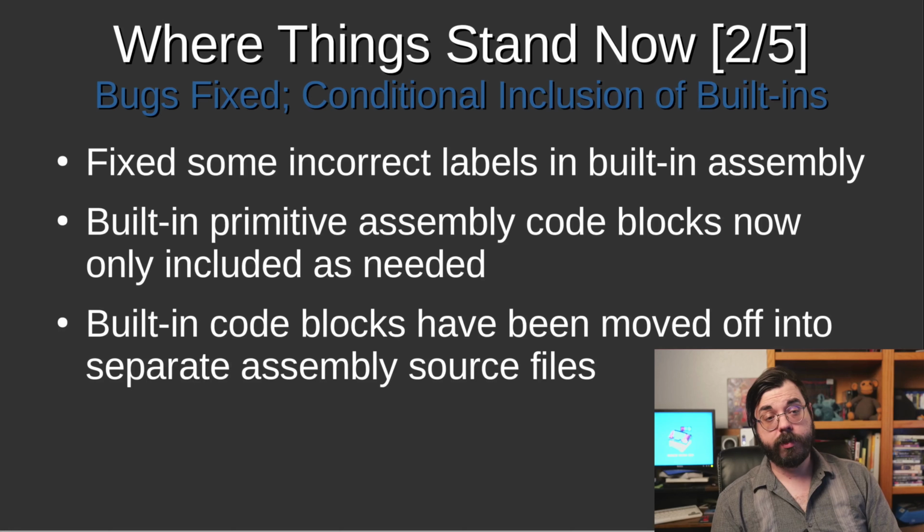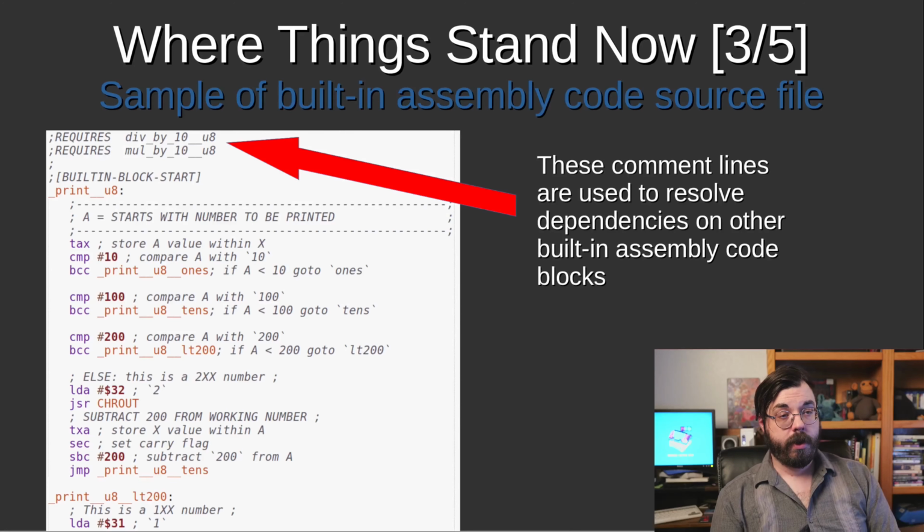But I have since moved off those built-in code blocks into their own assembly source files. So here's an example of one of these built-in assembly code source files. As you can see, it just looks like normal 6502 assembly. And as I mentioned, I'm only conditionally adding them now.